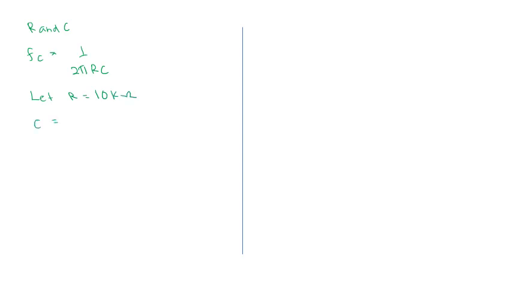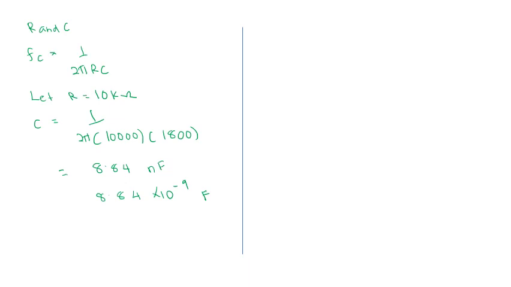Therefore C becomes 1 over 2 pi multiplied by 10,000 multiplied by fc, which is 1800. If you calculate, you get 8.84 nanofarad, which is 8.84 multiplied by 10 to the minus 9 farad.